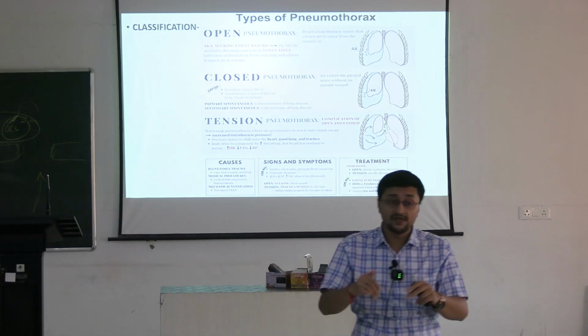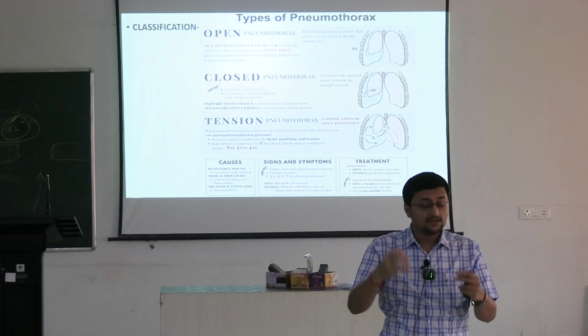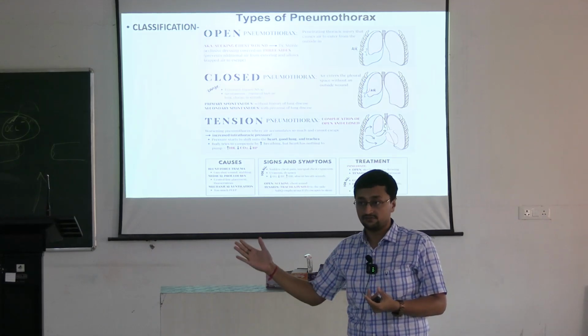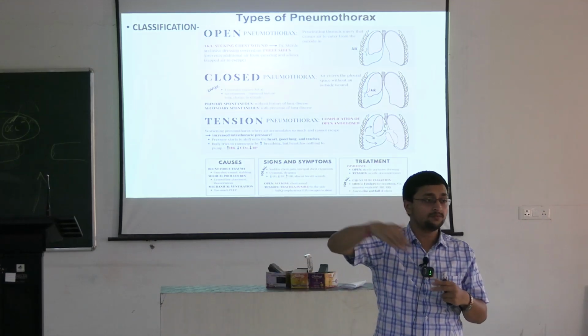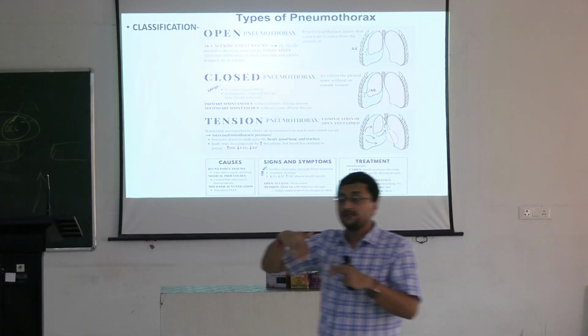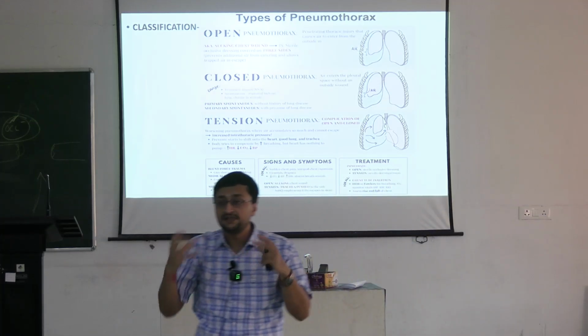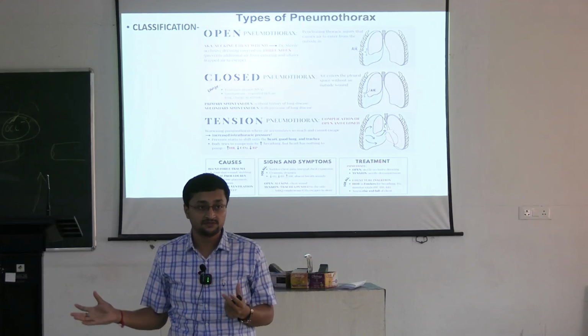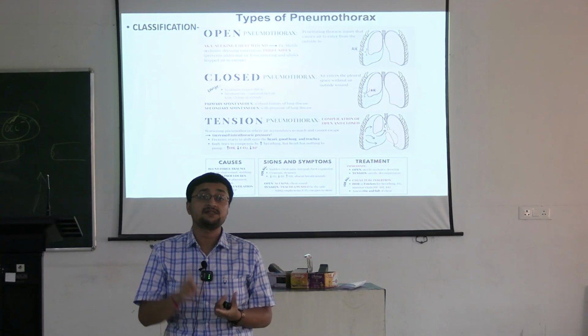So that is why the air is accumulating rapidly inside. There is no way out. The air cannot go from the inside to the outside, right? That means the pressure is intensely developing within a fraction of a minute. That is why this is called tension.